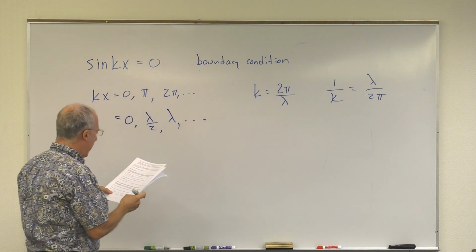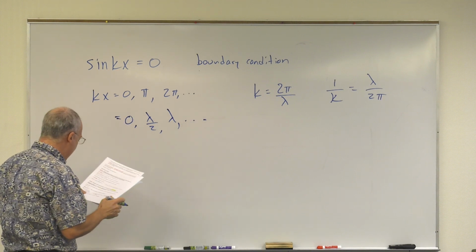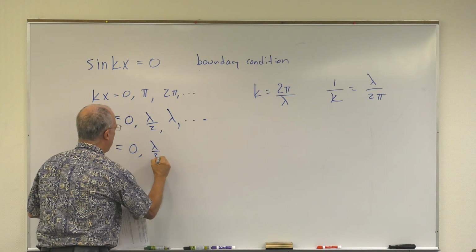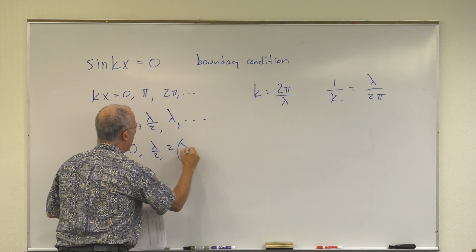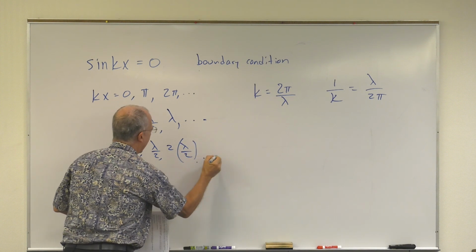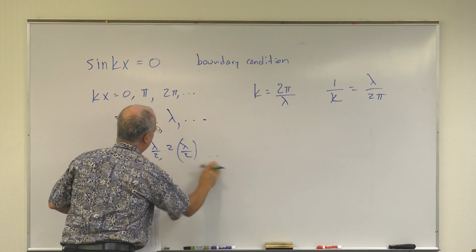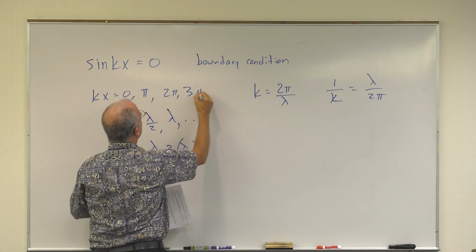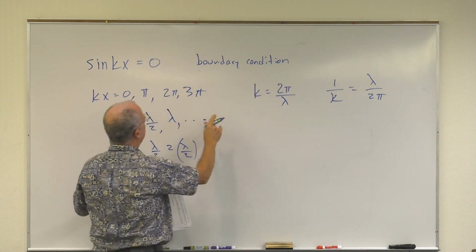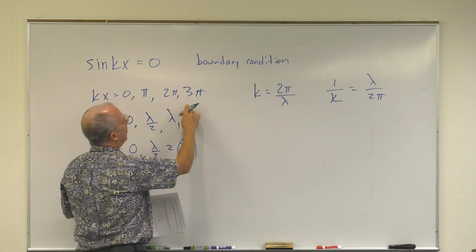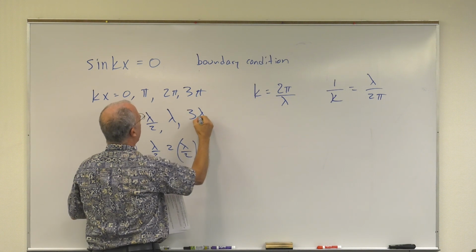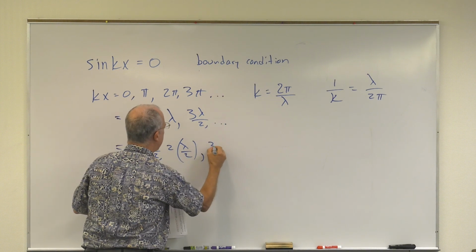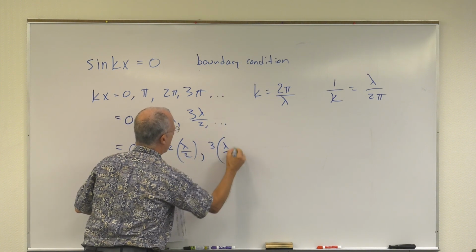Now let's write it a little bit differently, and you'll see why. Let's write this as 0, lambda over 2, 2 lambda over 2. And guess what the next one would be? Let's put 3 pi, and then this would be 3 lambda over 2.